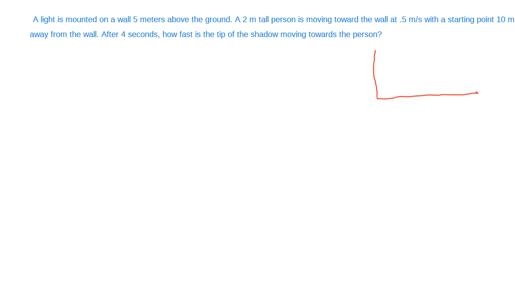And if we think about the way light shines and creates a shadow, if we have a 2 meter tall person right here, that light is going to come down like this, and then this is going to be the shadow behind them.